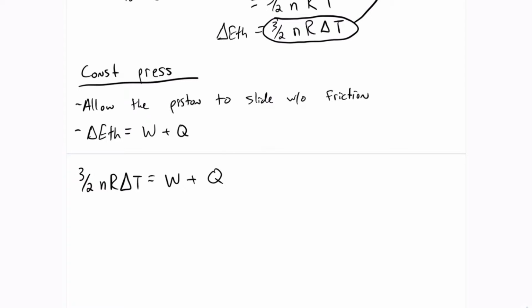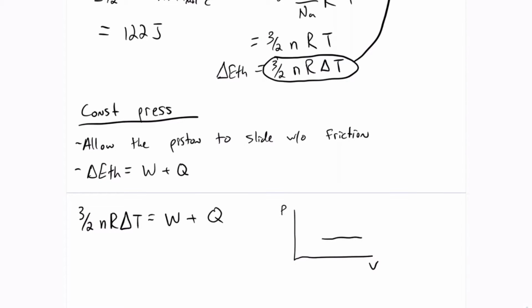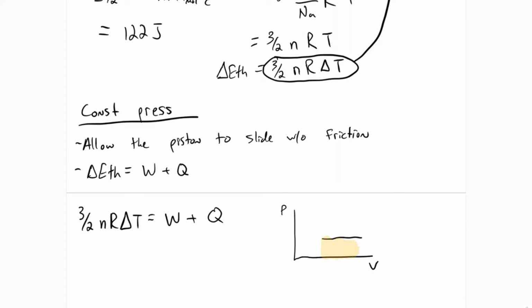And so we might say to ourselves, well, we remember that the work done by the gas in a constant pressure process is just going to equal the area under the curve. So if we remember that, well, that's good.